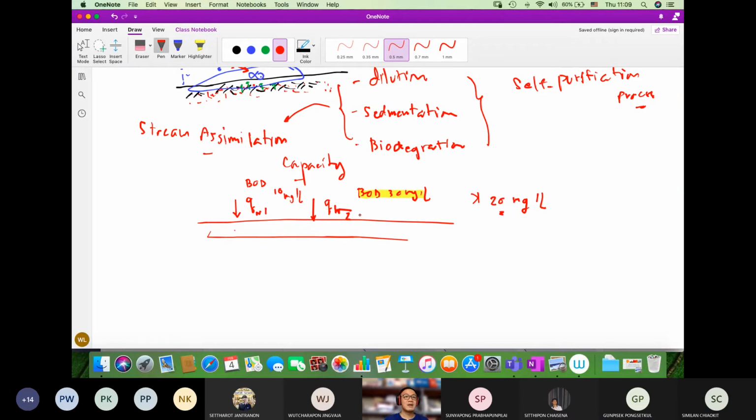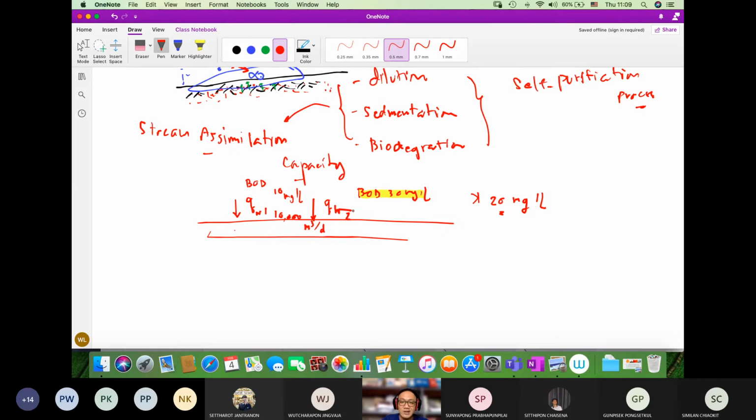But if we look into the amount of water discharged, you will find another issue. For the first industry, if the discharge flow rate is as high as 10,000, so what is the unit? Cubic meters per day.